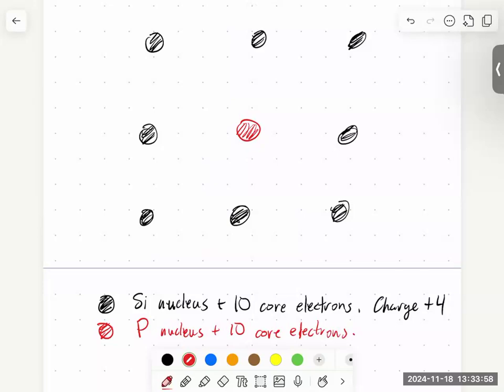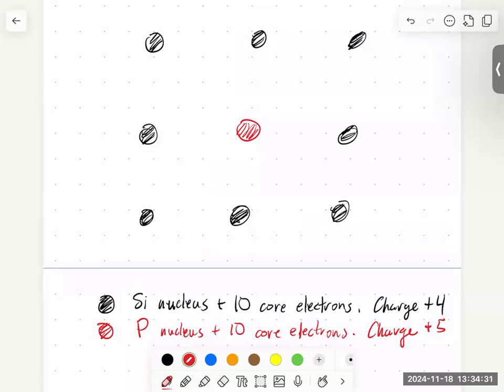The core electrons are -10. And so the net result is +5. So that's going to be important when we start talking about our diodes and semiconductors, is that the dopant, not only does it introduce an extra electron, it also introduces an extra stationary charge into what people would call the lattice of the crystal that we're trying to construct.